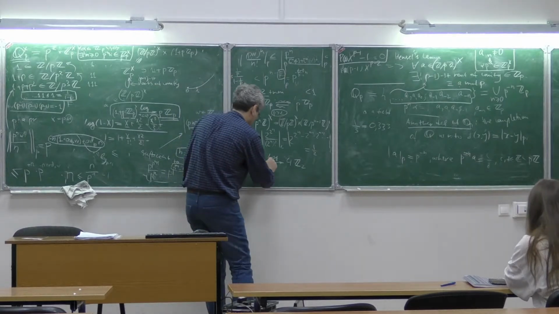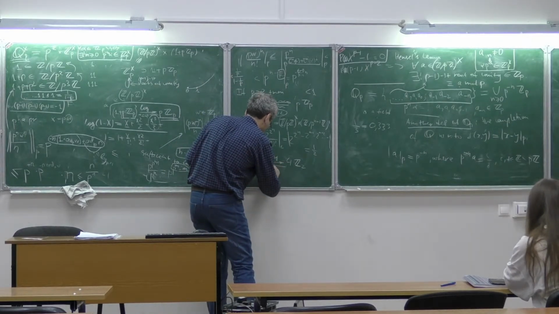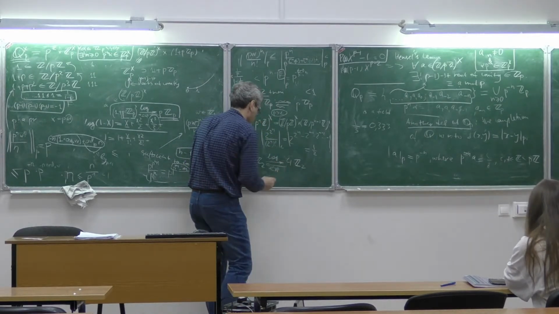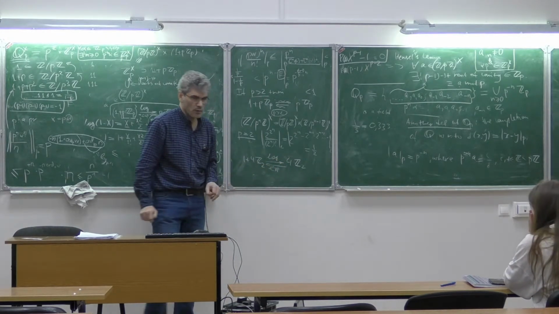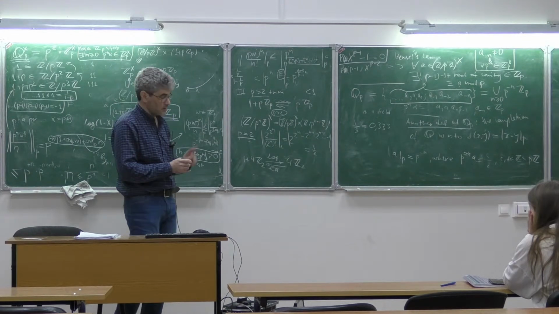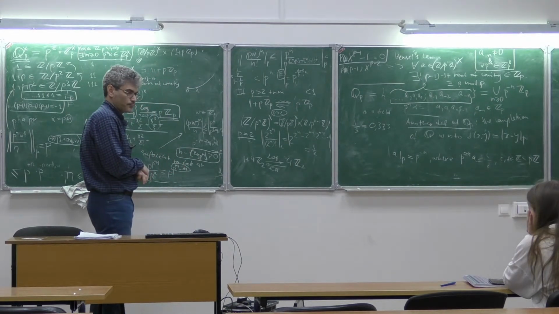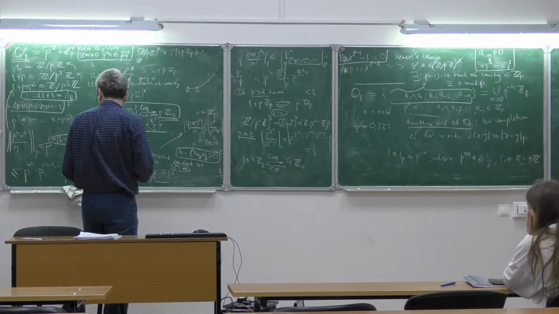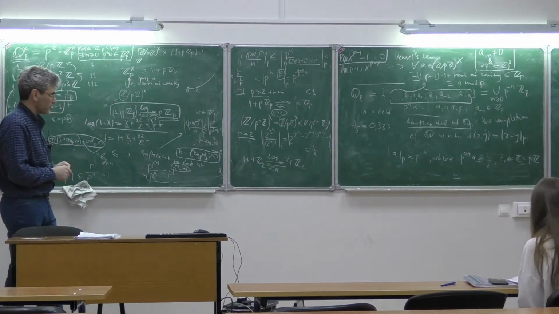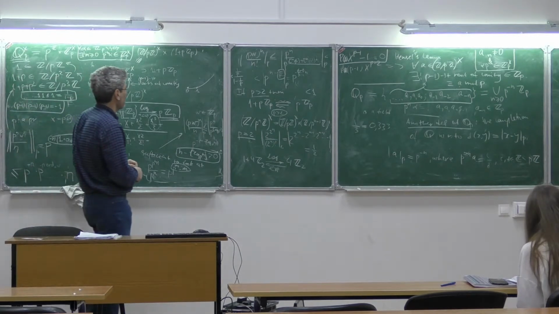And in the opposite direction, there will be an exponential, which maps integers divisible by 4 to integers congruent to 1 modulo 4. And the claim is that these are mutually inverse isomorphisms.